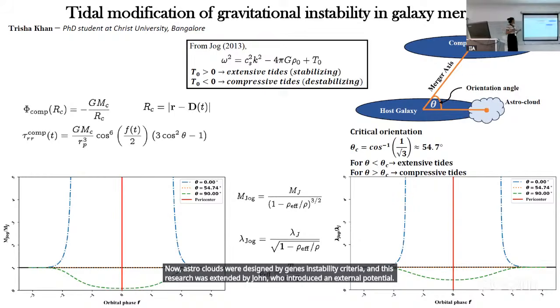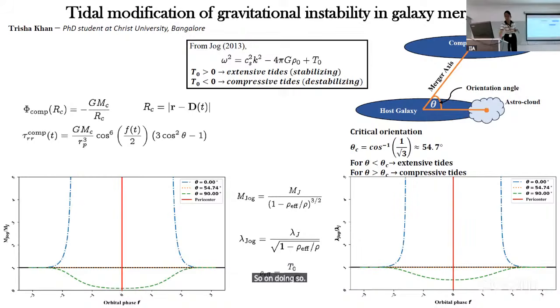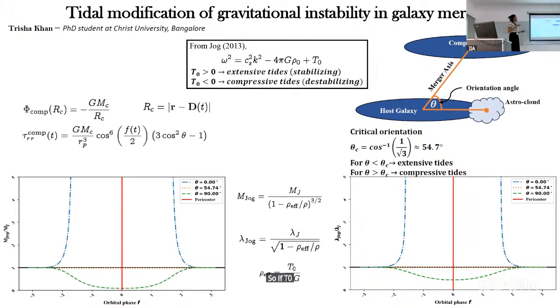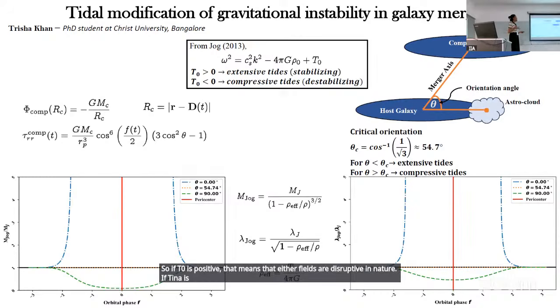On doing so, the author obtained this dispersion relation where T0 is the modified term, and it is the radial tidal contribution due to the external potential. If T0 is positive, that means the tidal fields are disruptive in nature. If T0 is negative, it means tidal fields are compressive in nature.